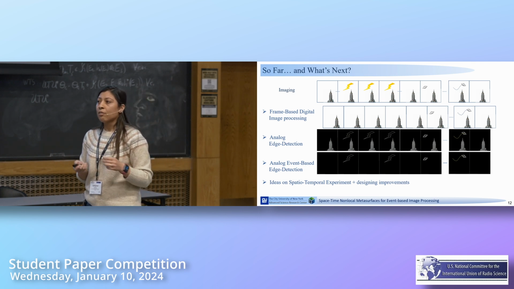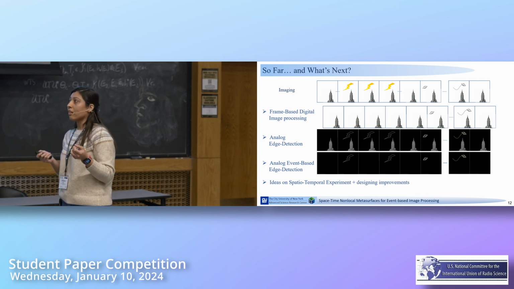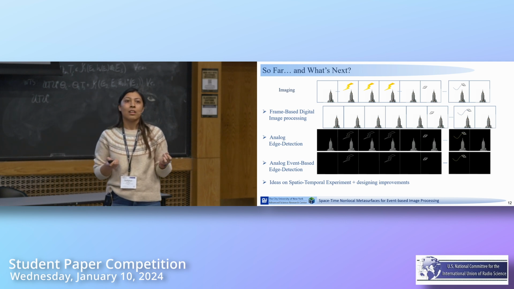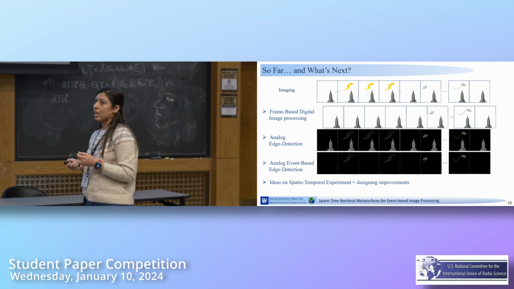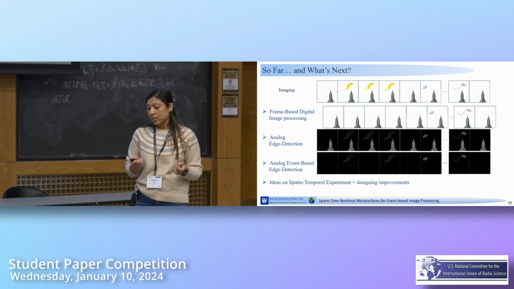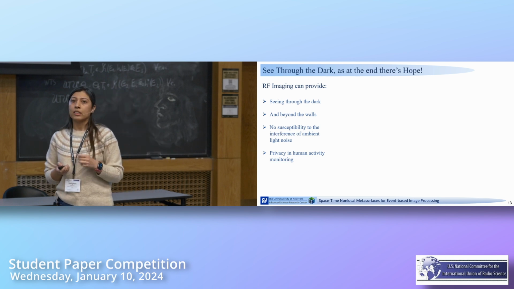However, all I talked about so far was in infrared and visible wavelengths. What if we want to apply the same concept to radio waves? The applications to radio frequencies can be very exciting.